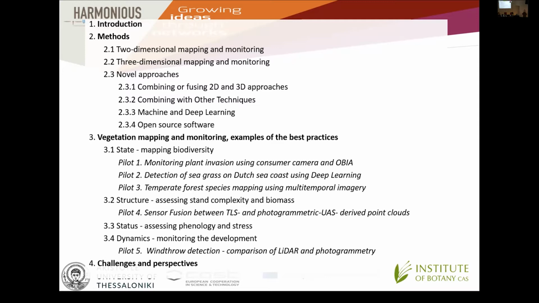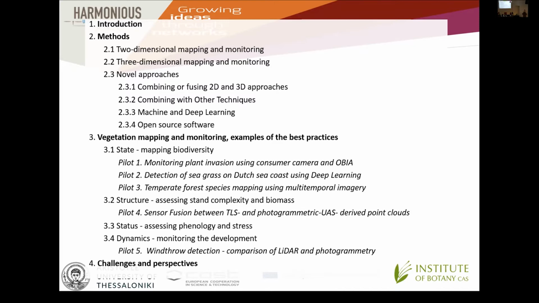Then structure, assessing the complexity, biomass and productivity of the ecosystem. And then status, referring to phenology and stress, and other status of the plant. And then the dynamics, which is monitoring the development and the changes.